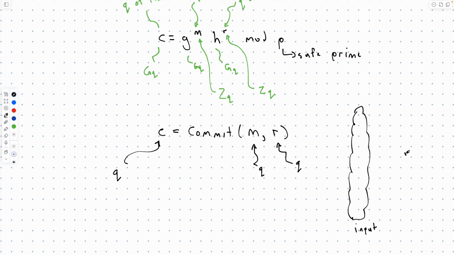Are the outputs bigger or smaller than the inputs, of all the possible values of the input? Because I have two inputs of size Q, how big is my input space? Q times Q. Okay, so I have Q times Q inputs. How many outputs do I have? Q. Okay, so it's going to look like this.